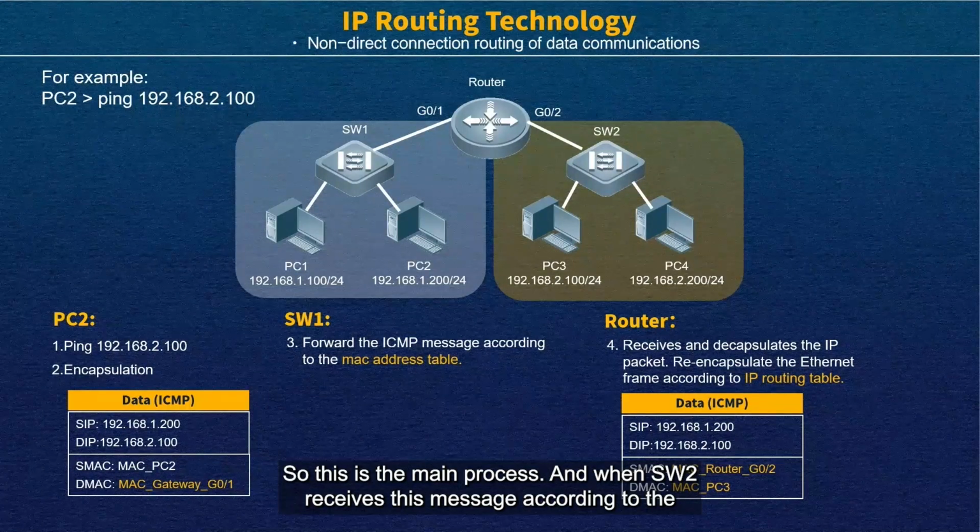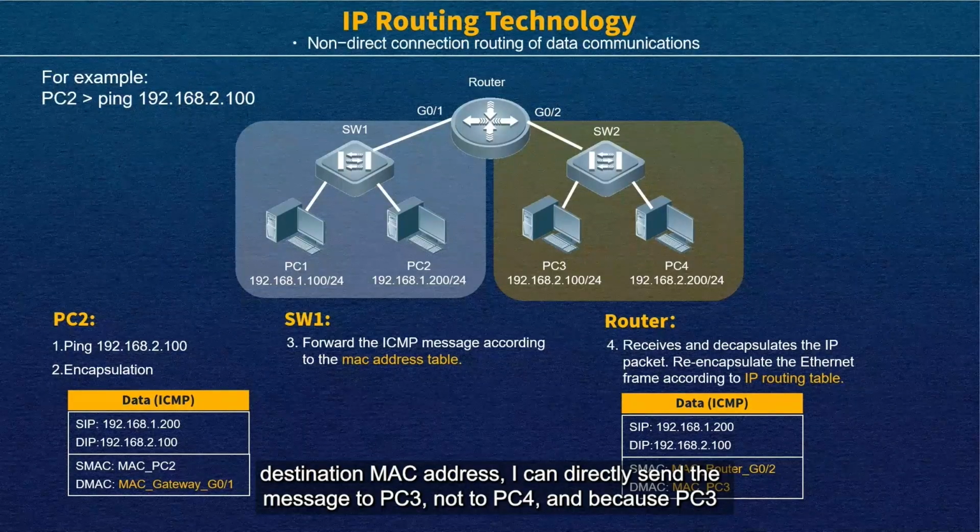When Switch 2 receives this message, according to the destination MAC address, it can directly send the message to PC3, not to PC4.